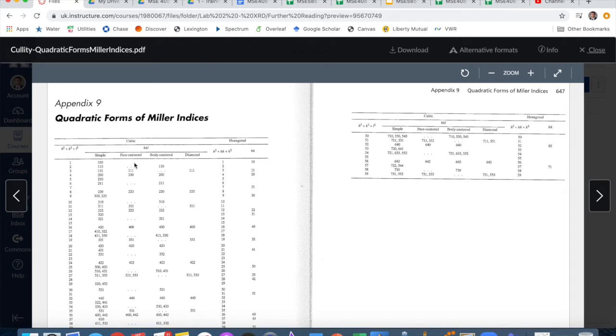If we were dealing with face-centered cubic, you'll see that there's no listing here for 1 or 2, it's not until we get to 3 that we have a value. So the first allowable S value for face-centered cubic is 3, then 4, and then we don't have another one until 8. So the S values have a different sequence there. So that's what's going to differentiate the different structures.